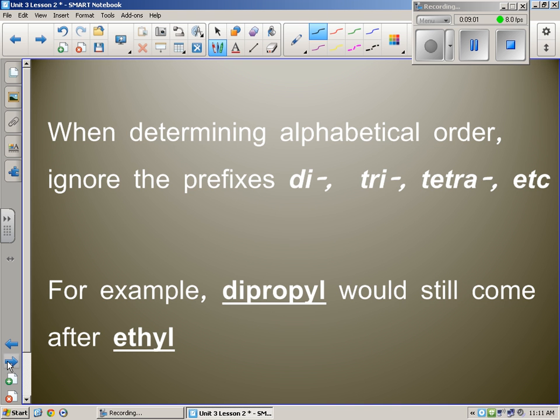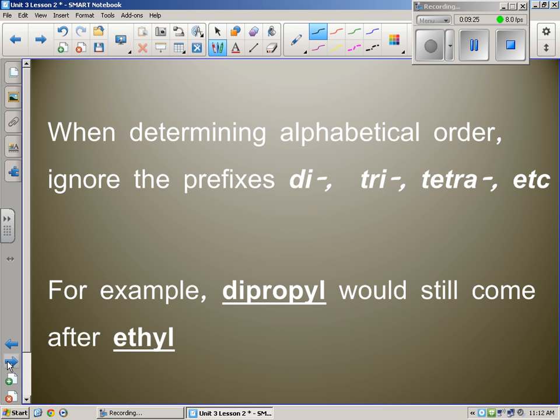Everybody loves art. Okay. Di, tri, tetra are not alphabetical. So if it has dimethyl, I don't care about the di part. That has nothing to do with the alphabetical order. It's still based on the alkyl group. So methyl and triethyl, for example, ethyl is what I'm looking at, not the tri part.